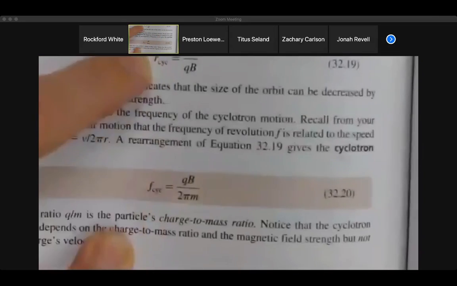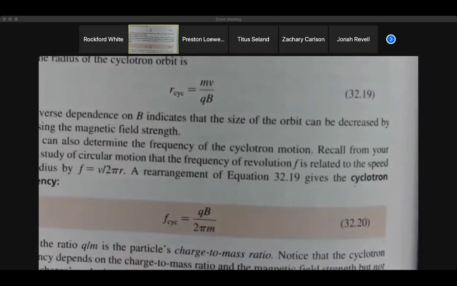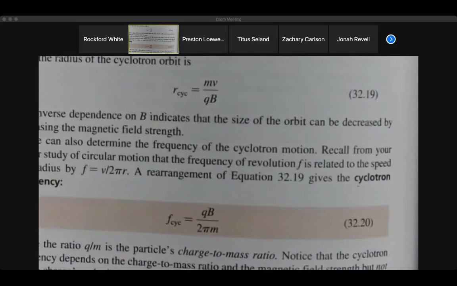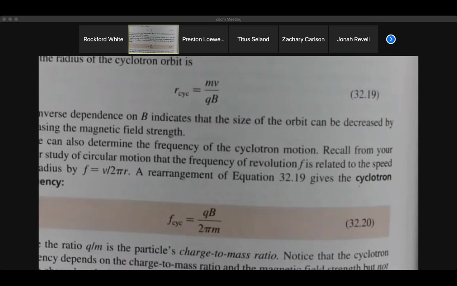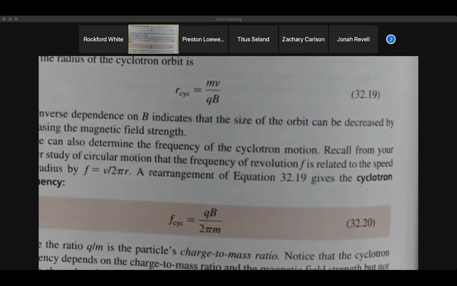Let's say you know R, you know F cyclotron, because you make measurements on this trajectory. I guess Q per M.